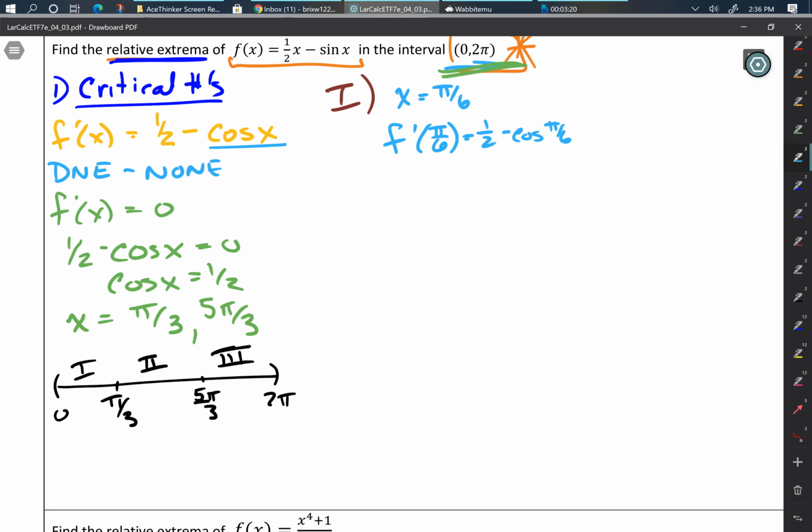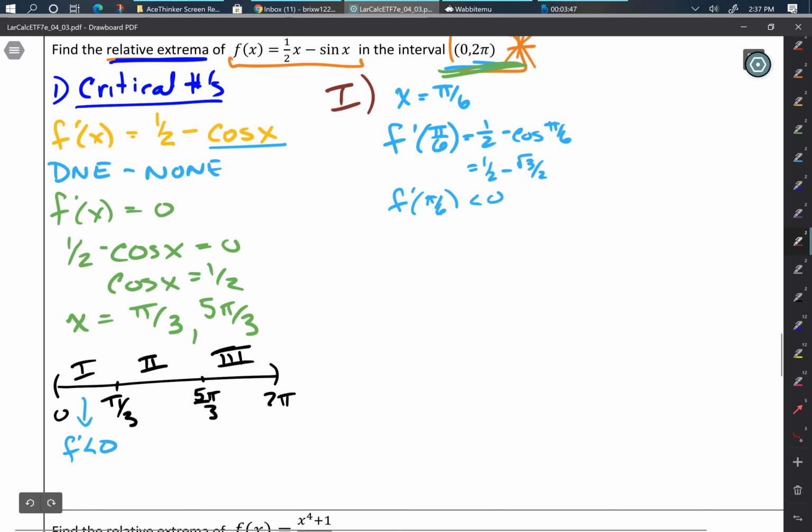The cosine of pi over 6 is root 3 over 2, so 1/2 minus root 3 over 2. Well, same denominator. Root 3 is bigger than 1, so this is negative, so that's going to be less than 0. So that means on interval number 1, f prime is less than 0.